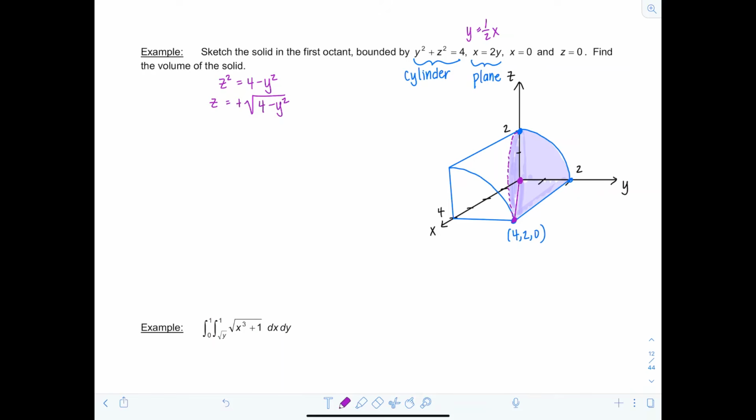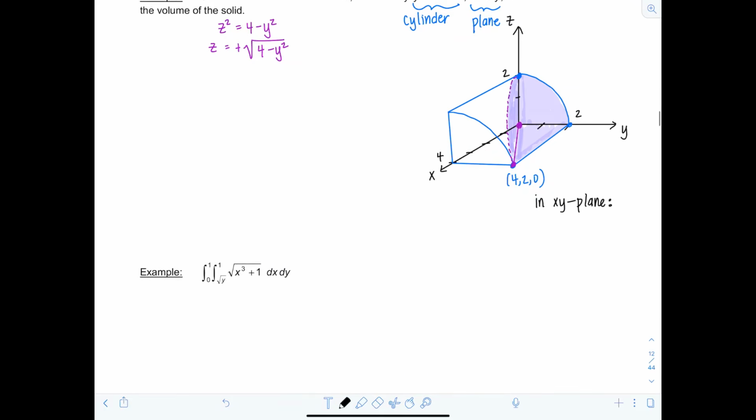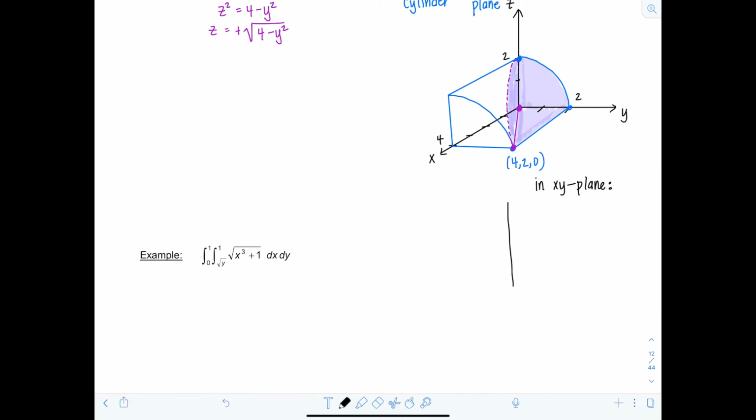All right, now I need to draw out this base region in the xy plane separately so I can figure out how to set up the limits of integration correctly, the ordering and so forth. So in the xy plane, just the base, we've got that triangle going on, don't we? All right, now make sure you shade in the appropriate region.